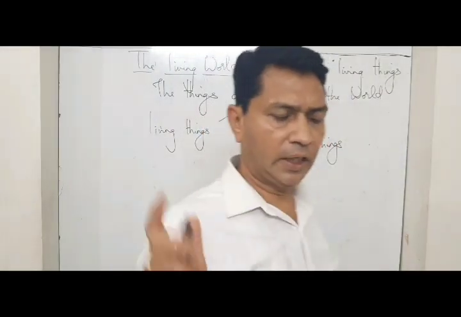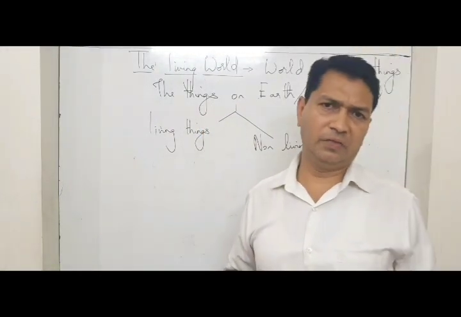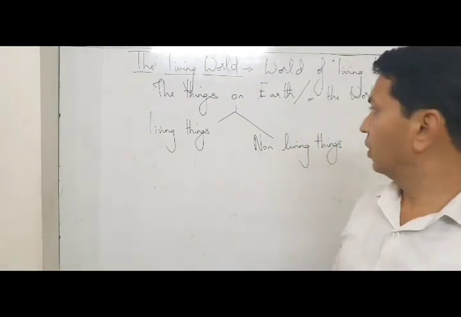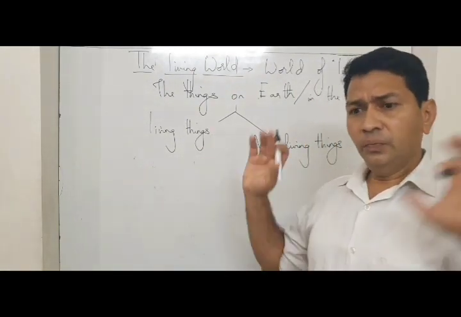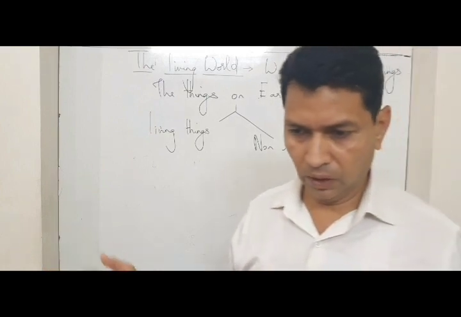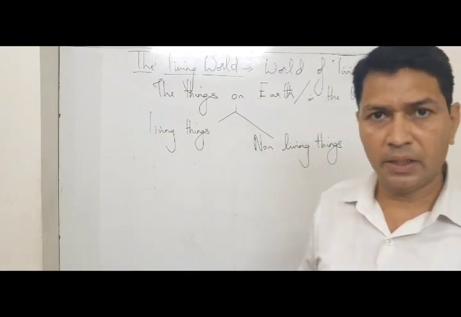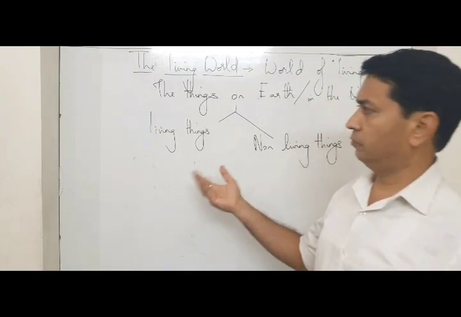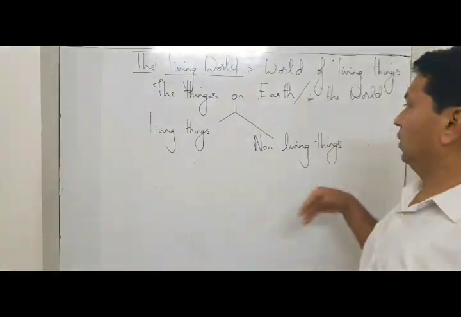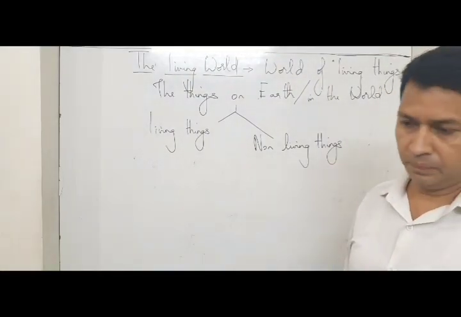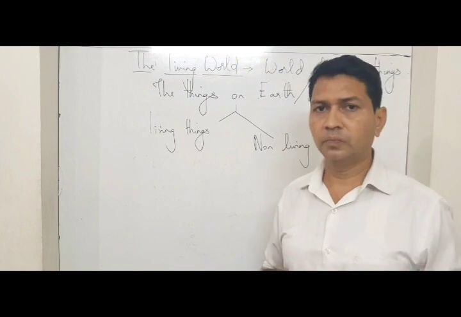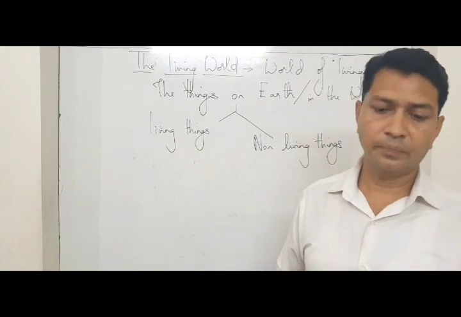You might have studied this in the junior classes, 6th, 7th, 8th, I don't remember exactly. All the things around us can be categorized in two different kinds: the living things and the non-living things. A shirt is a non-living thing.